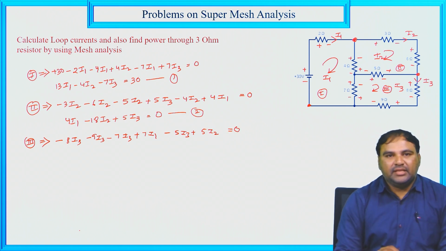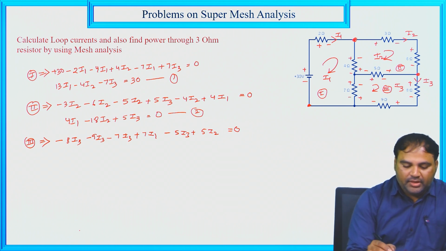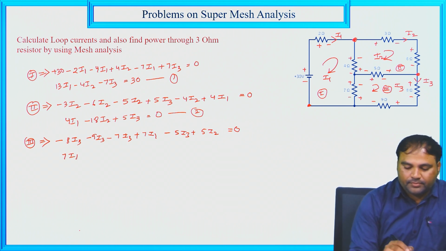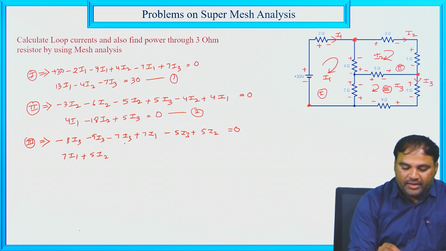Okay, same as equation number 2. Now here also 7I1 plus 5I2, next minus 9I3, minus 8I3, minus 7I3, minus 5I3, that is minus 29I3 equal to 0. This is equation number 3.